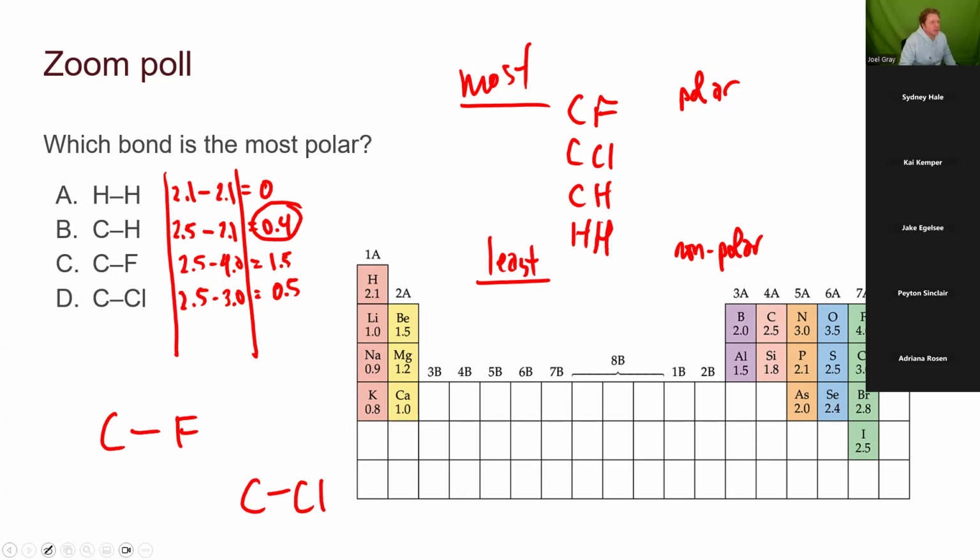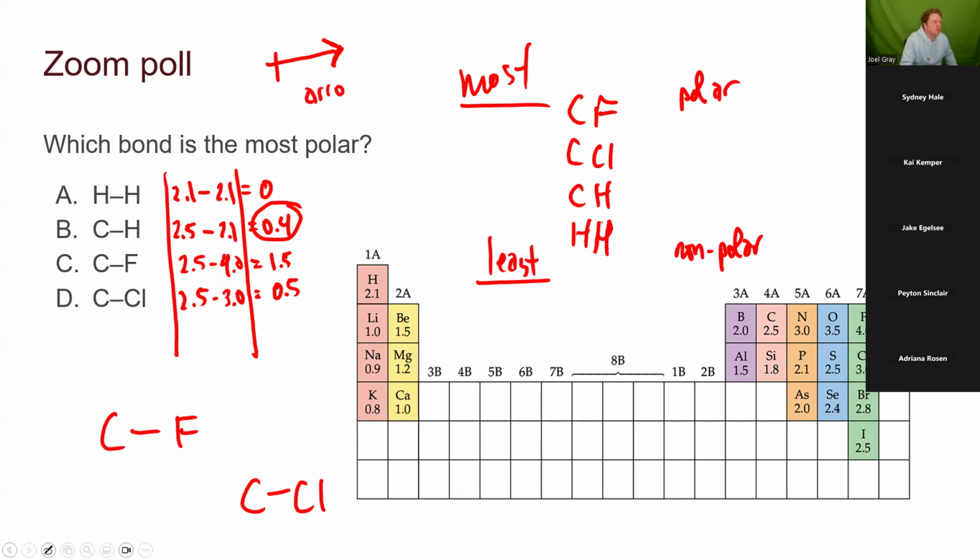Whenever I look at carbon fluorine, I'm going to be drawing this arrow. What I want to know is where do I place the plus side and where do I place the arrow? The arrow is going to be pointing towards the more electronegative element.